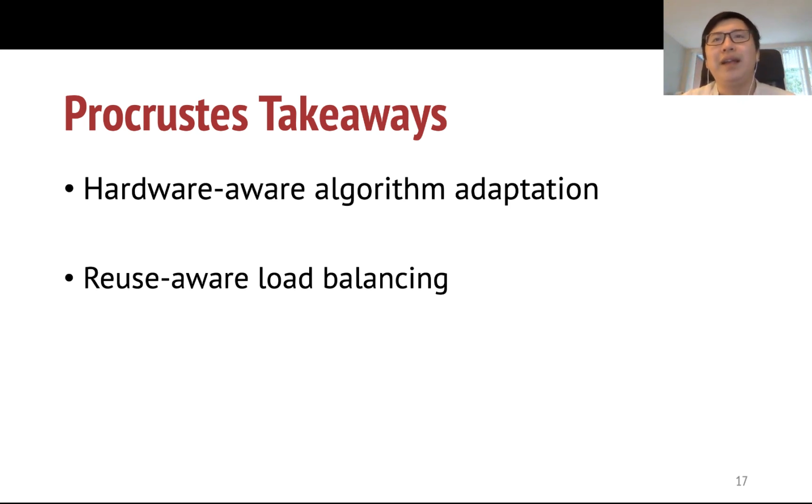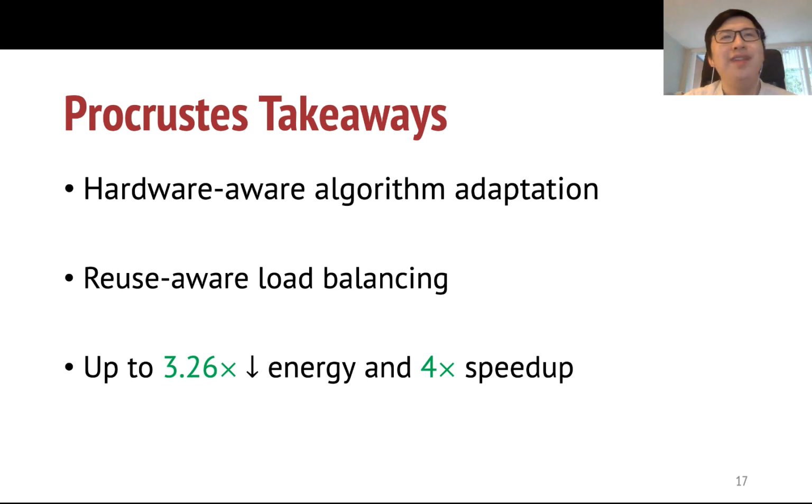And more importantly, we should develop a load balancing scheme that preserves reuse to avoid redundant access to the global buffer and avoid complex delivery patterns that could saturate your interconnect bandwidth. With all this in mind, we achieve up to 3.26x less energy and offer up to 4x speedup across a range of models, while pruning weights by an order of magnitude and maintaining the unpruned accuracy.